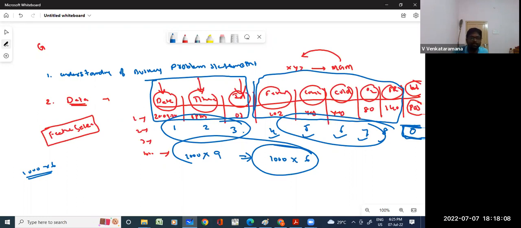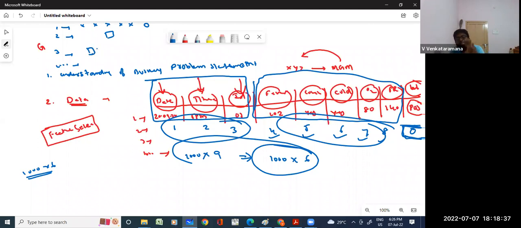Hope you understand, right? So you have 1000 samples of data, and each sample has 5 input features and 1 label column. Among all the 1000 samples, there is a possibility of some feature values missing.